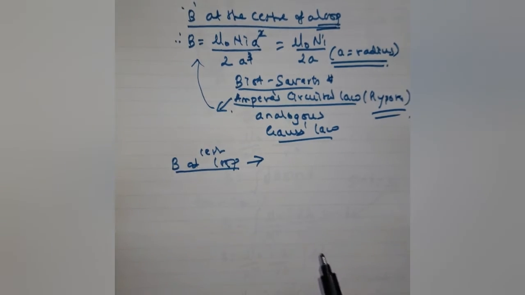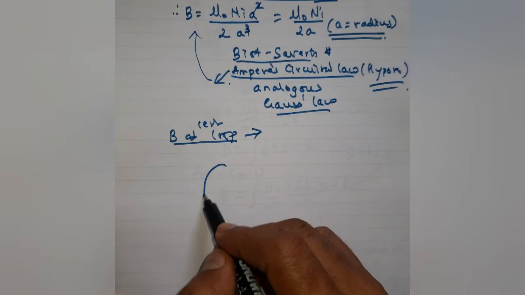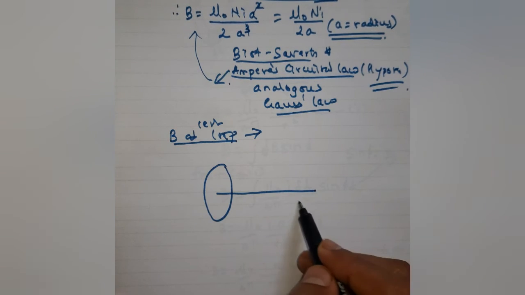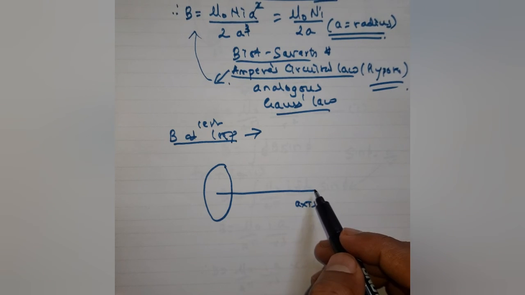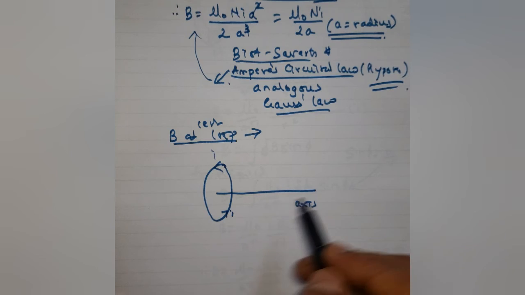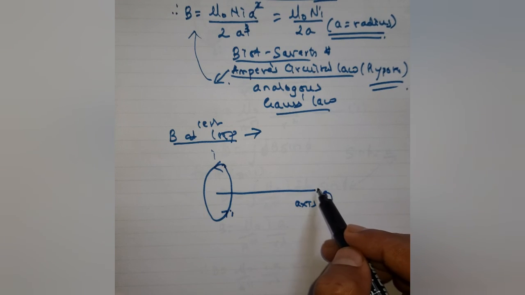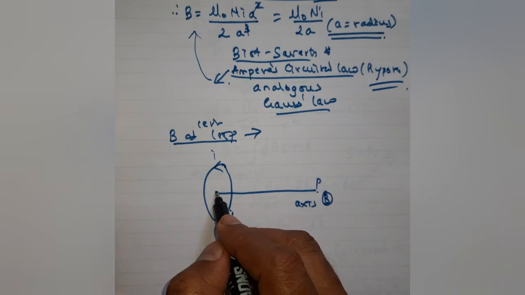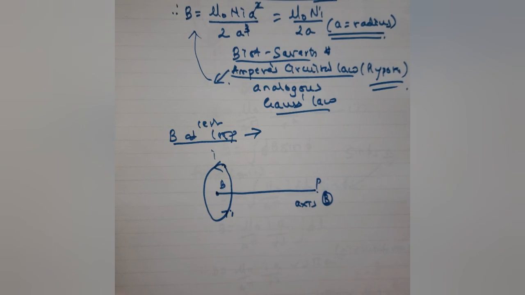See, two things. If I am drawing a loop something like this, and this is an axis, I can find, due to the current carrying this loop, the value of B at a point P somewhere at some distance, and we can also find the B at the center.